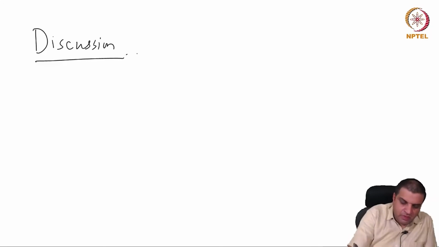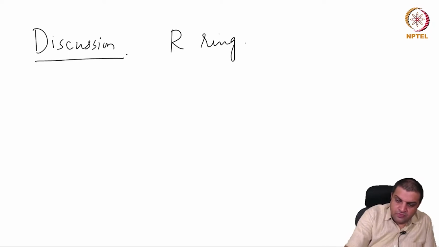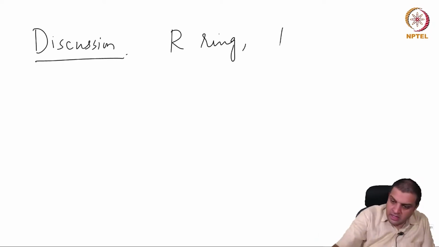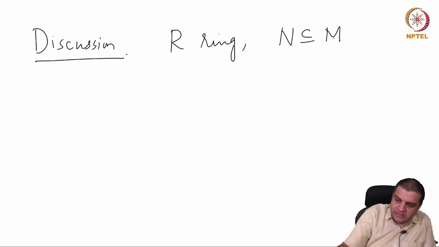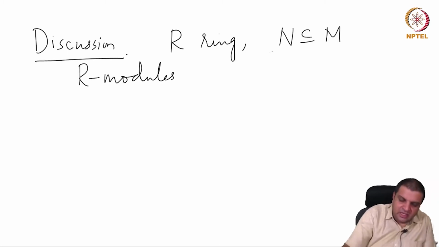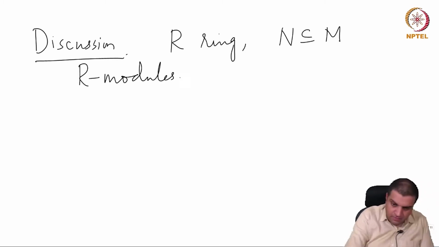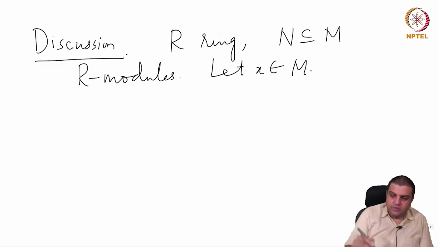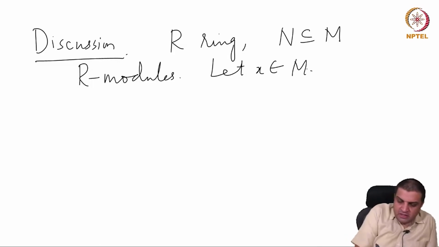Okay. So now R is a ring, and N inside M are R modules. N is a submodule of M, an R submodule. Let x be inside M. Then we define the following.